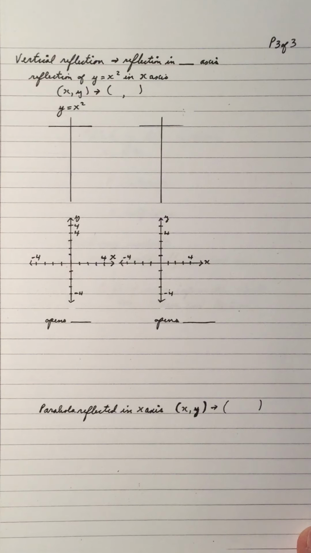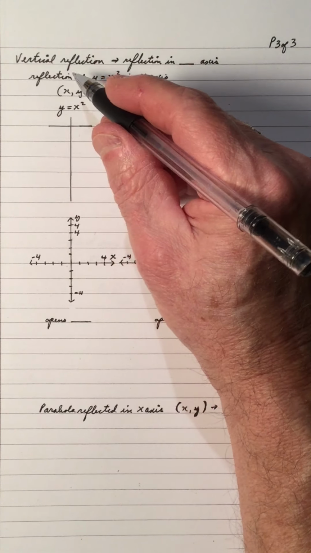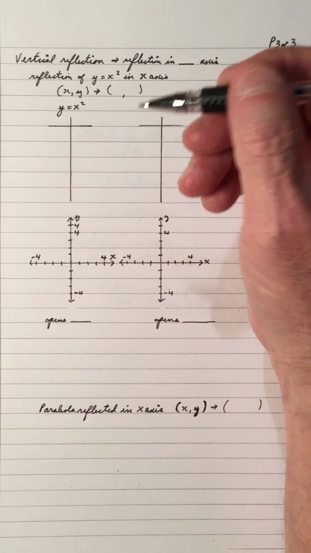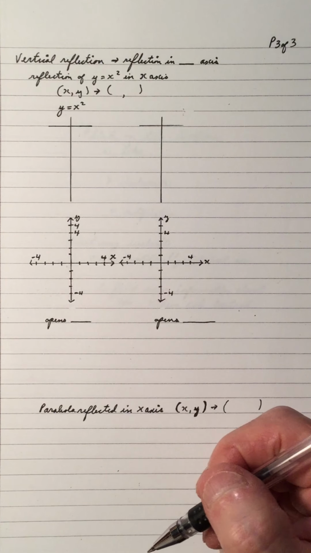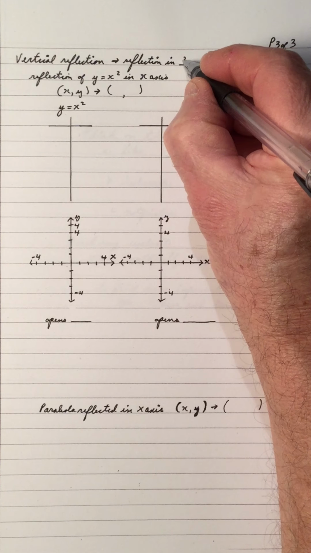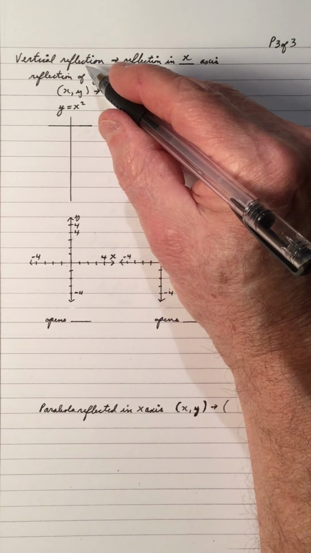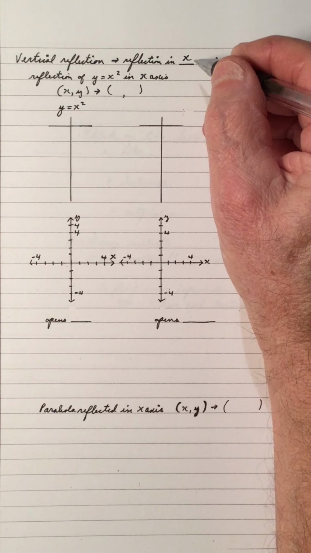But let's look at when you do a vertical reflection. In other words, take the parabola and turn it down. A vertical reflection is a reflection in the x-axis. Let's have a look at that.